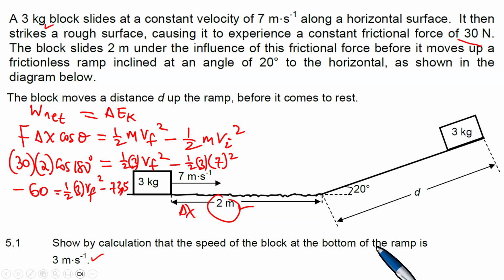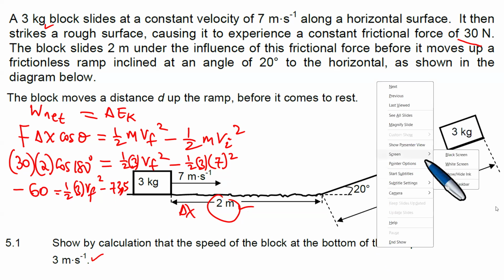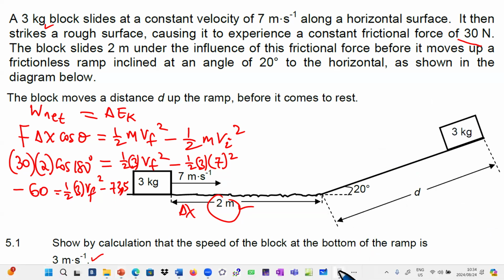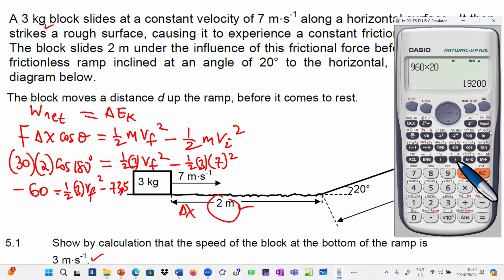Just to check everything here. Let us check everything here. 0.5 times 3 times 49, and this is 73.5. You can see 73.5 joules.